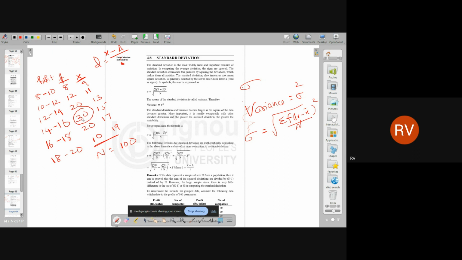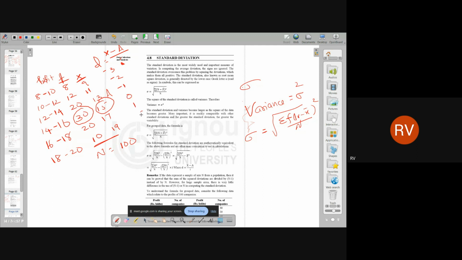The corresponding X is 15. This is assumed mean, A. That is X minus A, 9 minus 15 by 2. That is minus 3, minus 2, minus 1, 0, 1, 2.